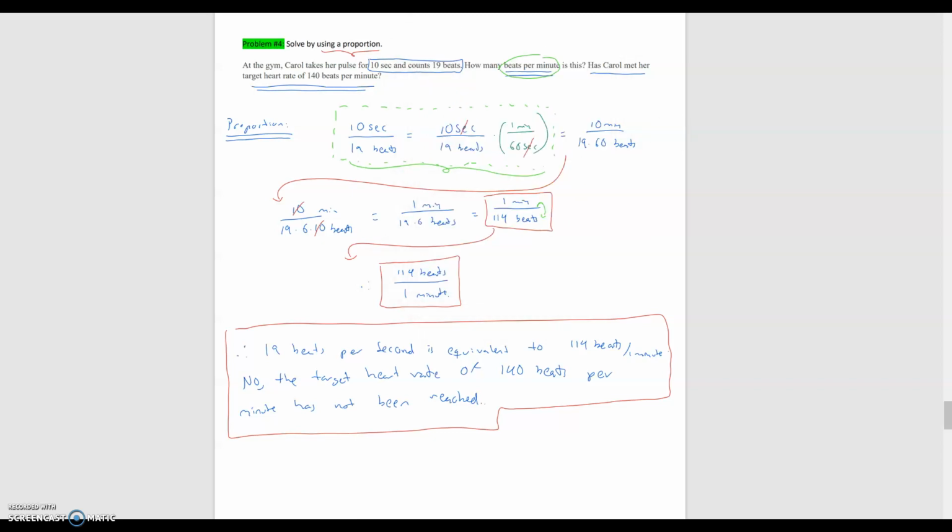And this step is crucial because as you're setting up the proportion, you're modifying the original fraction with a quantity that is equivalent. In order to get the proper unit of minutes, you have to cancel seconds. So you have to multiply the fraction that's given by a value that cancels the units, and now it puts it in the proper unit. In this case, we're looking for beats per minute.